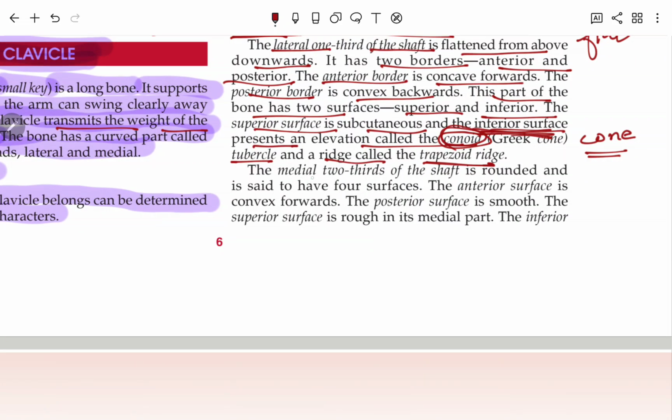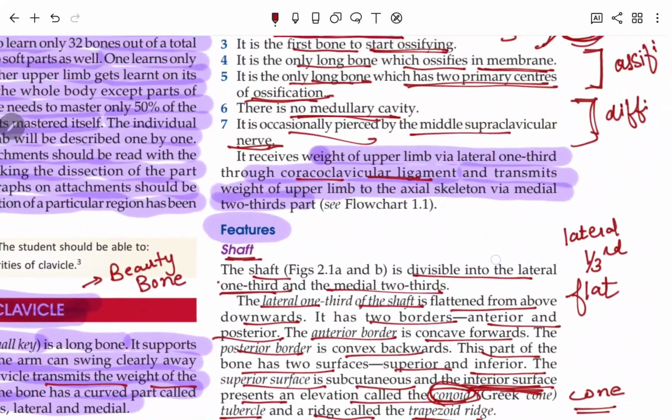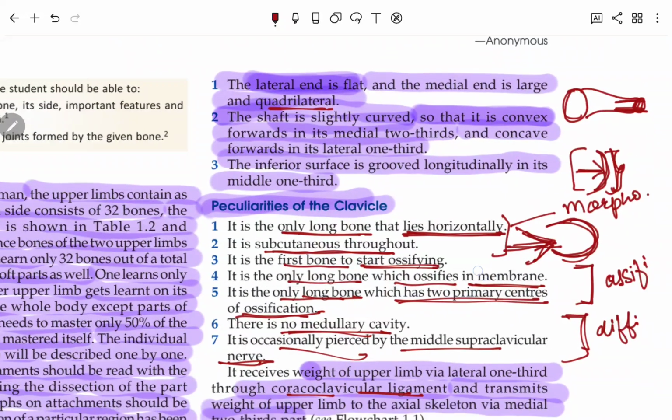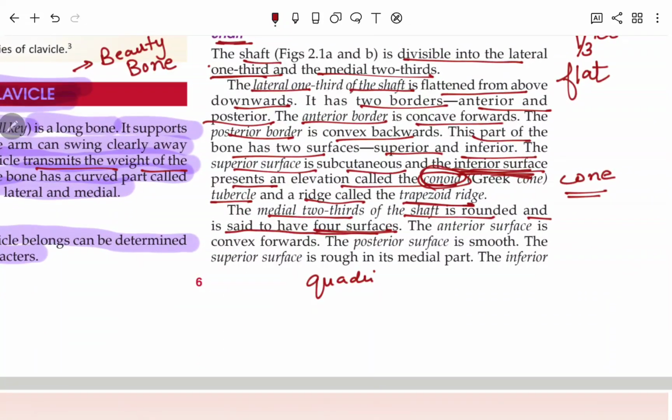Now the medial two-thirds of the shaft is rounded, quadrilateral and said to have four surfaces. Quadrilateral, four is quadri. The anterior surface is convex forwards.